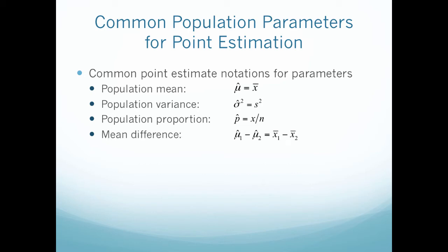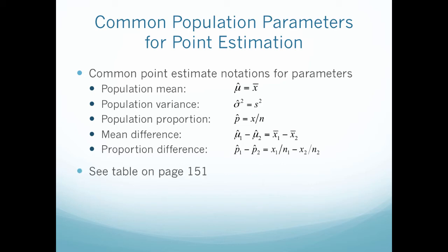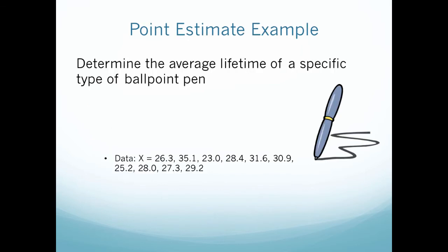The difference of my means would then be approximated using the difference between my x bars, and that would then be used to predict the difference in my mu's or my mu hats. And then proportion difference, once again, we would just use our x's to predict my p's. There is a more comprehensive list in your book on page 151. That table will also list the given formulas for each of these if you need them.